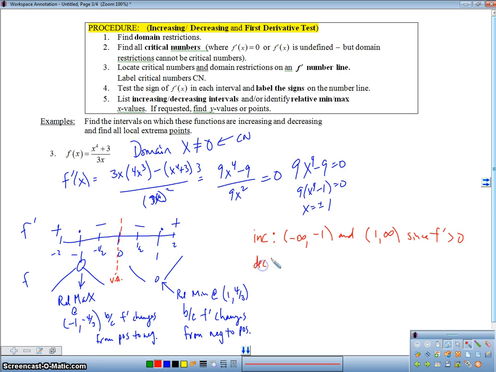And it decreases from -1 to 0 and 0 to 1, since f prime is less than 0. All right, so there we go.